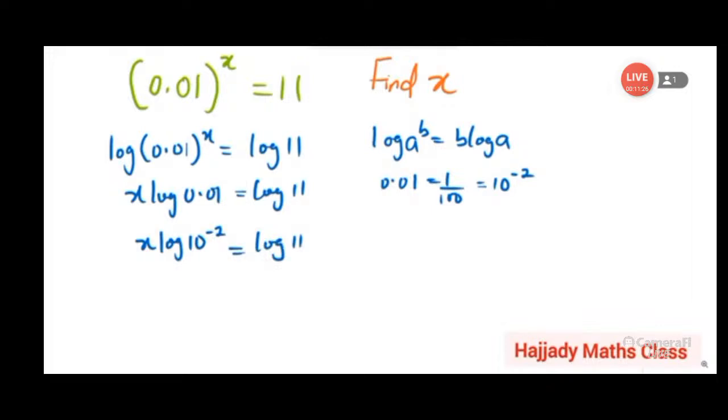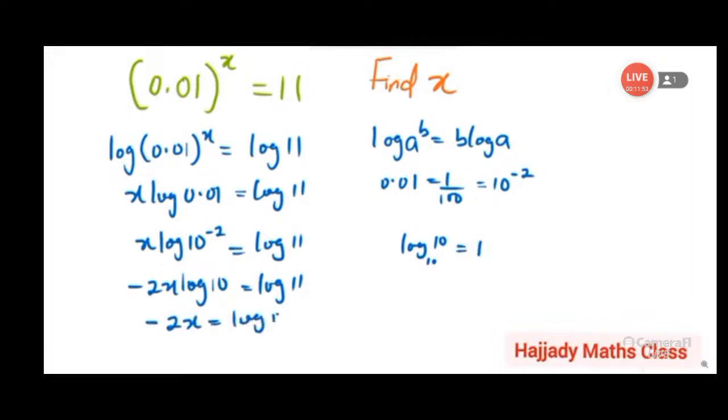So here we have negative 2x log 10 equals log 11. From the basic knowledge of logarithm, we know that log 10 automatically has the base of 10, and log 10 base 10 is the same thing as 1. So here, at the left-hand side, we are going to have negative 2x equals log 11.